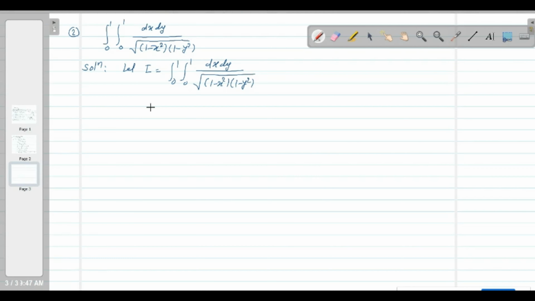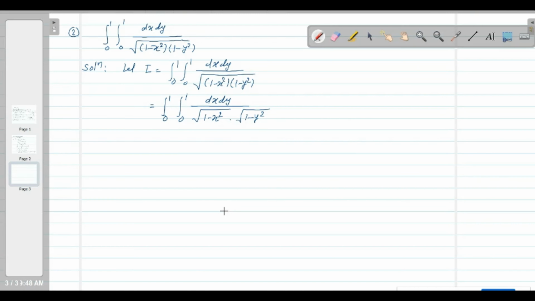So this can be written as integration of limit 0 to 1, integration of limit 0 to 1, dx into dy over square root of 1 minus x square into square root of 1 minus y square.